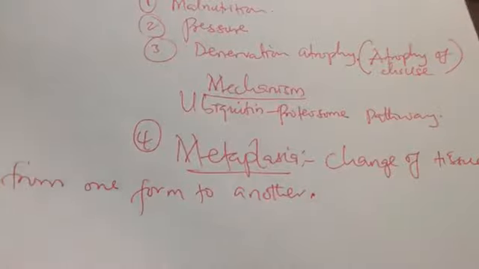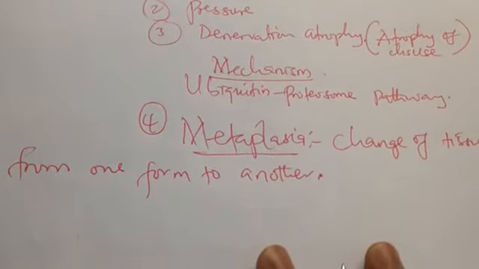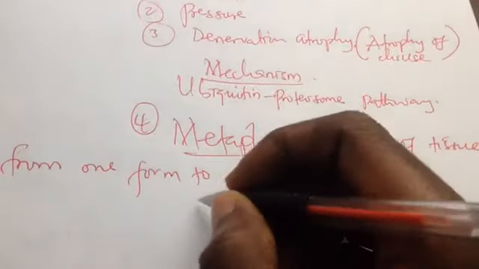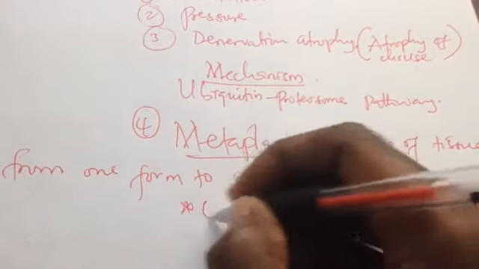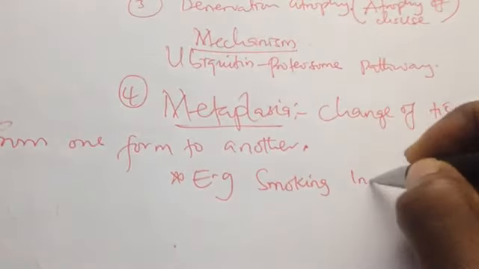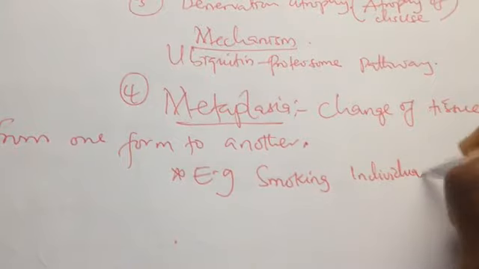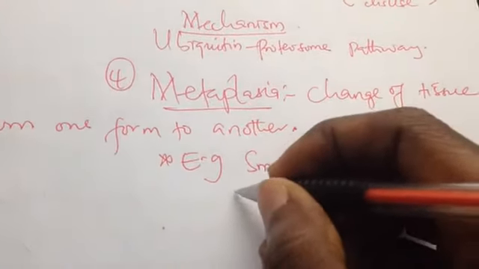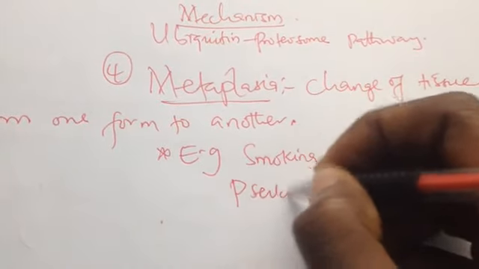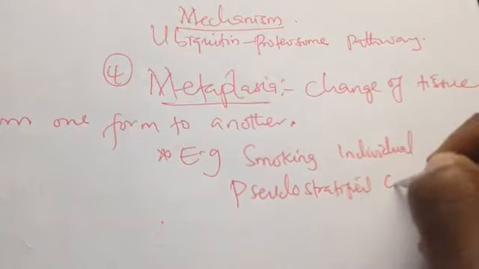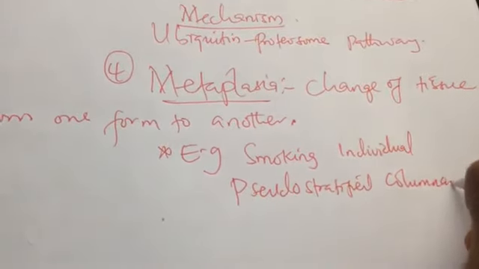This metaplasia occurs, for example, in someone who is smoking. As we already know, the respiratory passages are lined by a kind of epithelium called pseudostratified columnar epithelium.